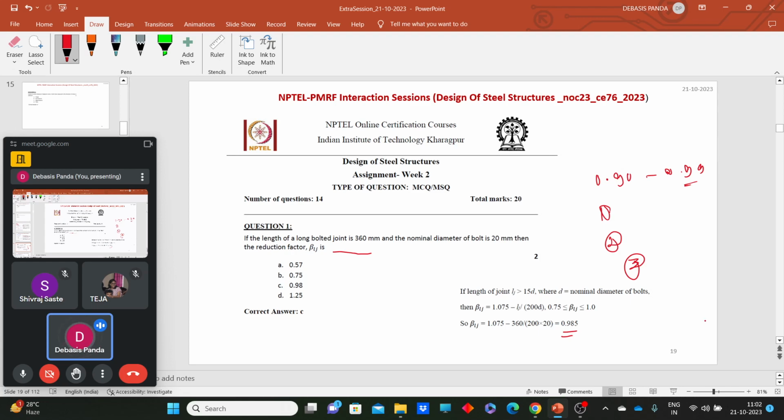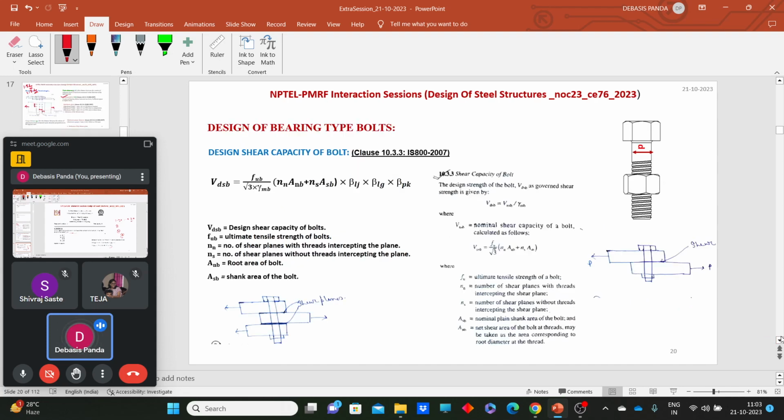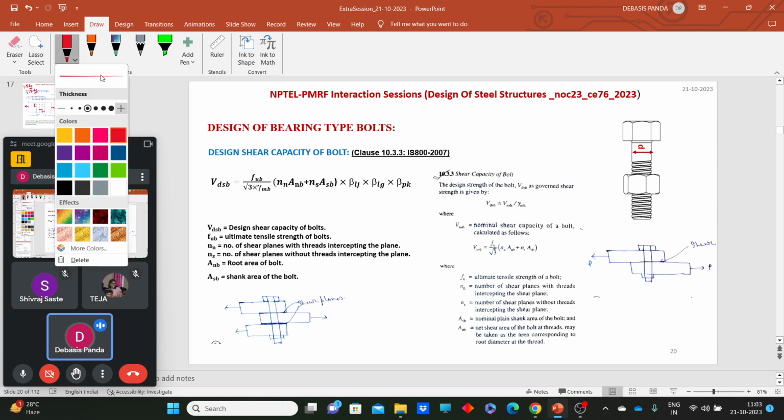Here we are talking about the correction factors we introduce during the calculation of the shear capacity of bolts. As per our code, we have three kinds of correction factors: beta Lj for long joints, beta Lg for large grips, and beta Pk for packing plates.